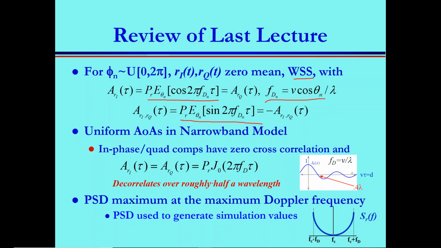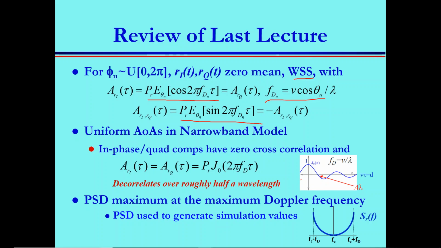So we have seen that the autocorrelation function can be written in terms of the Bessel function J0(2 pi fd tau), where tau is the delay and fd is the Doppler spread. And since the correlation value becomes 0 at 0.4 lambda, we say that the signal decorrelates over roughly half a wavelength. And we also discussed the relationship between decorrelation, independence, and orthogonality as well.